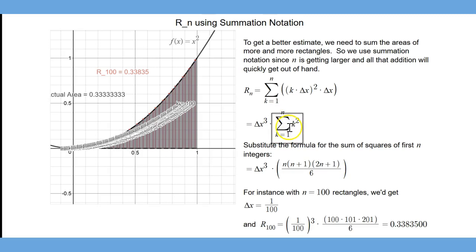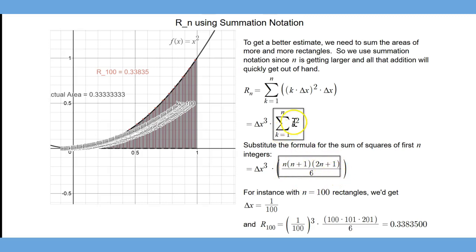This is one of those formulas that I talked about at the beginning of the video. This is the sum of the squares of the first n integers. You can look in the appendix to see how those are derived, Appendix E in our text. But this sum is equal to this expression.